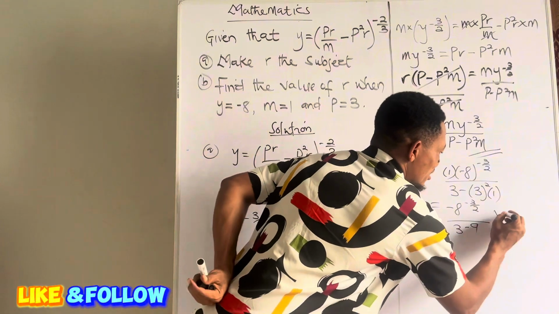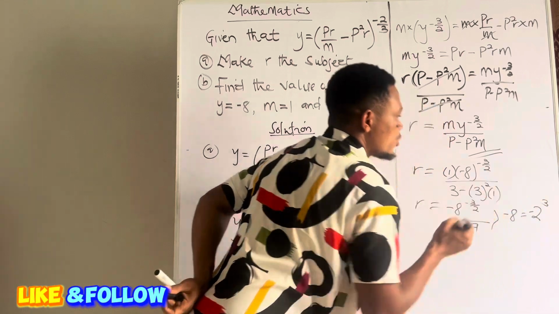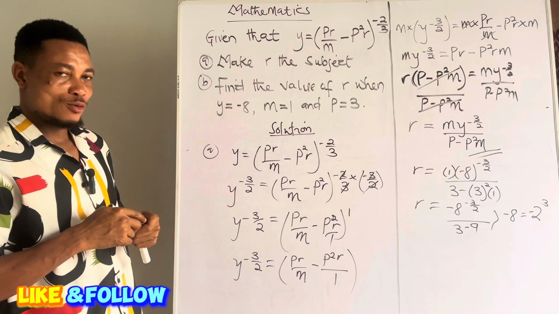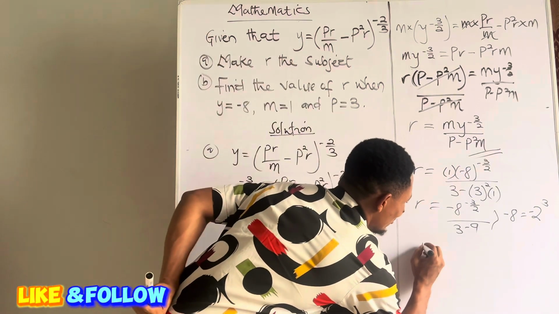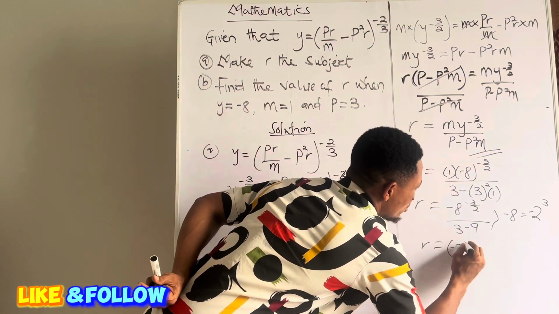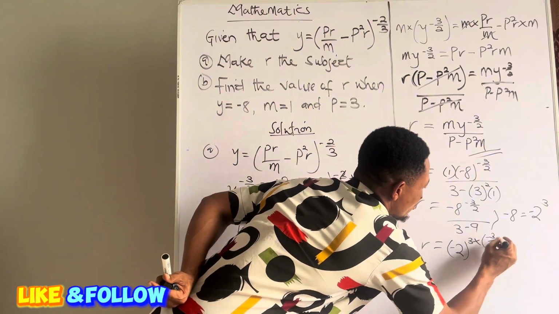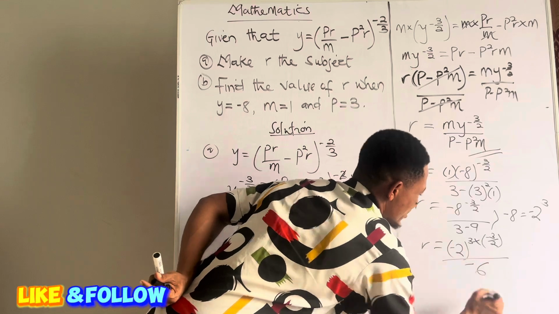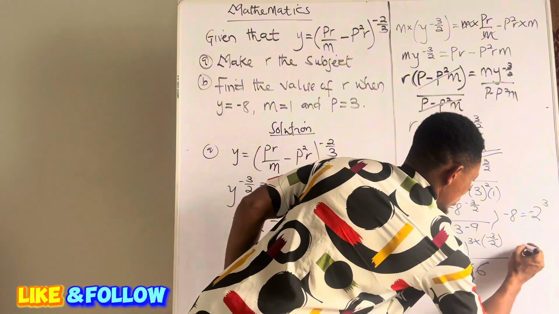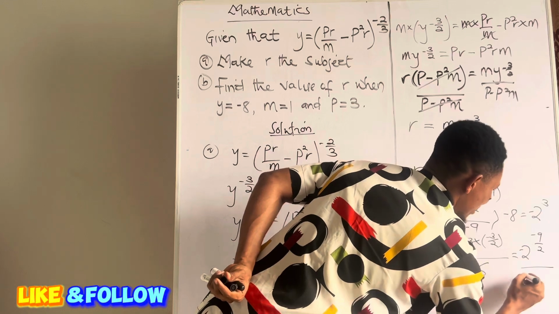It's the same thing. There is no difference. So we have r equal to negative 2 to the exponent 3 times negative 3 over 2. This will give us negative 6 here. So this will give us negative 2 to the exponent negative 9 over 2 over negative 6.